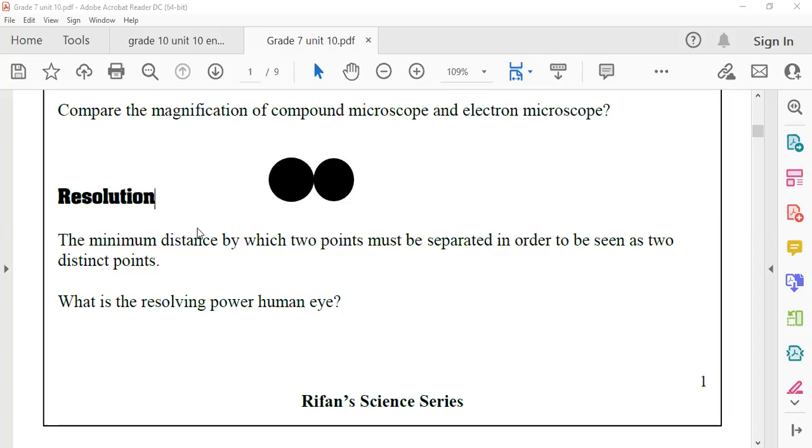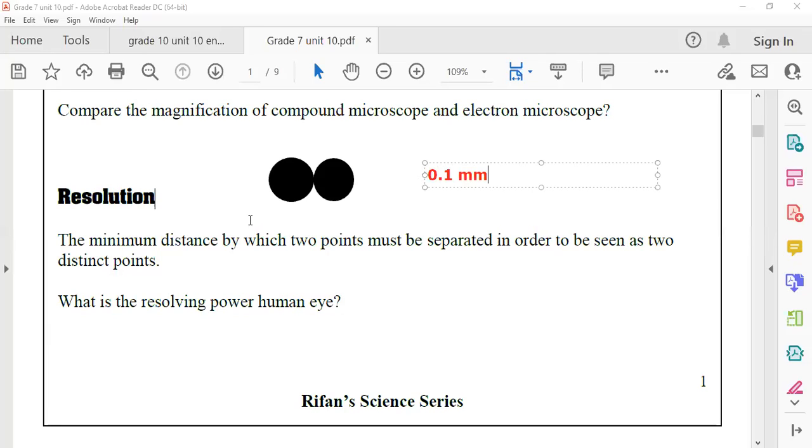Understood? How, sir? That's the truth. Because until that space is this value, you will see that. How much? 0.1 millimeter, you will see that.